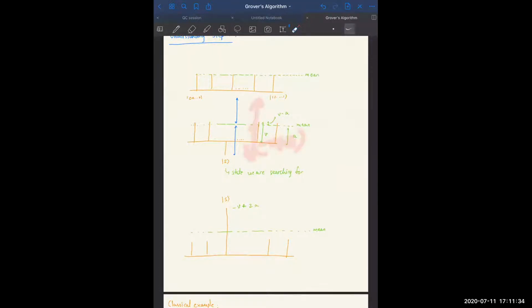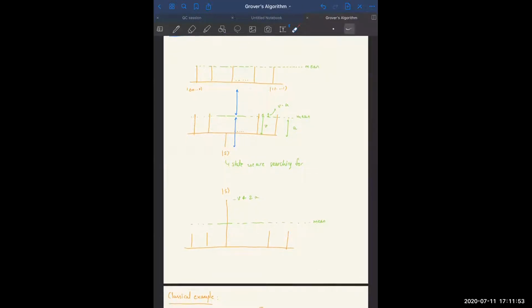And then you have to reduce this, whatever this value is, and that is V. So you get 2 times minus V plus A, plus V, and finally you end up with minus V plus 2A.